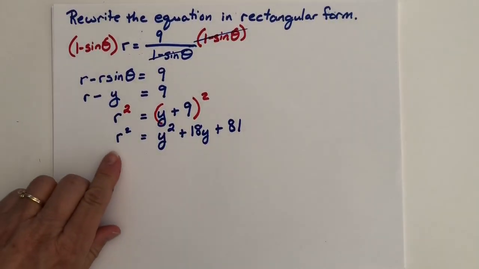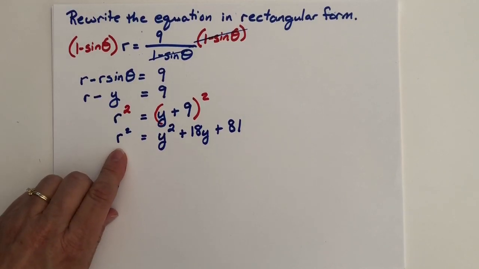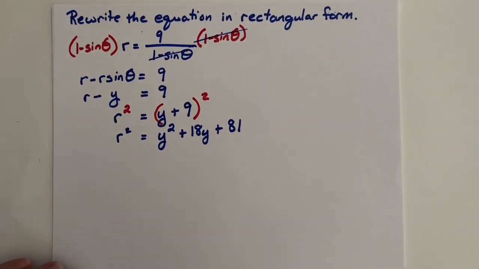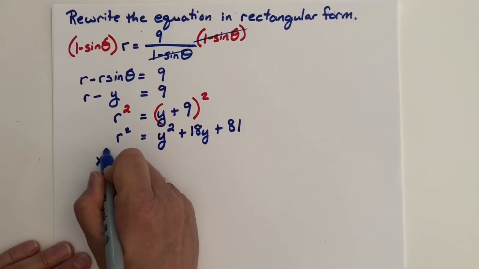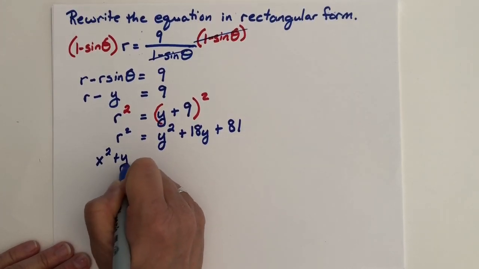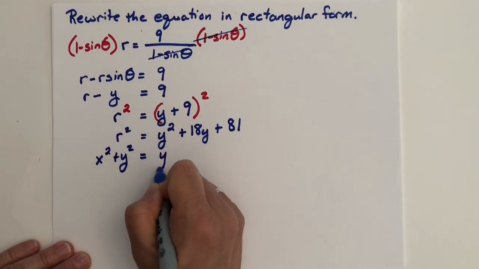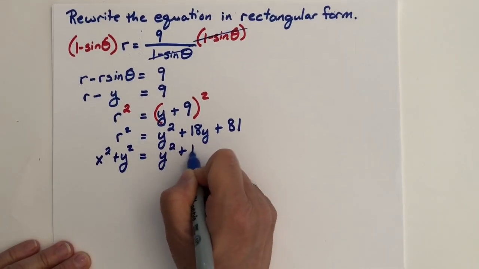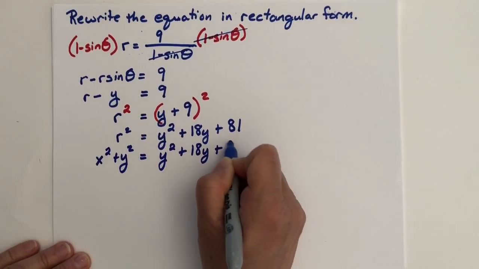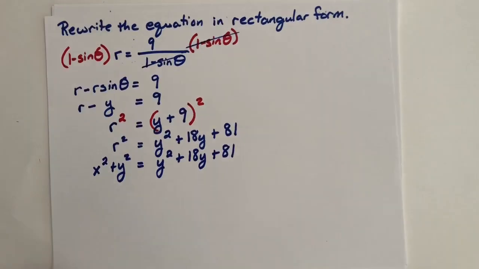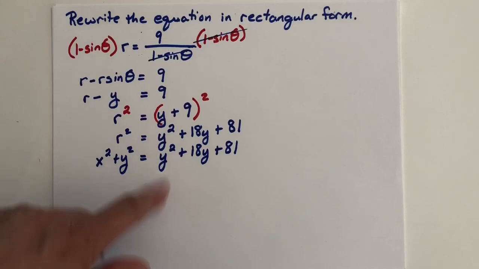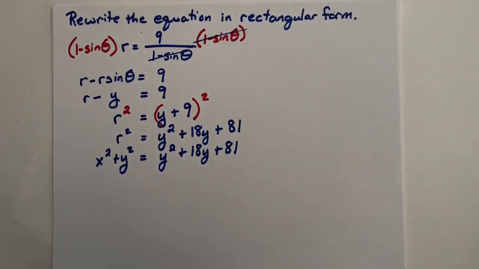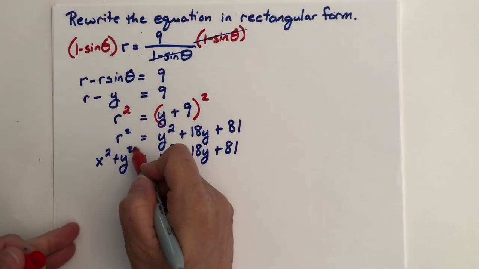But now we have our r squared, and we know r squared equals x squared plus y squared. Let's make that substitution. And now notice we have a y squared on both sides. Let's subtract y squared.